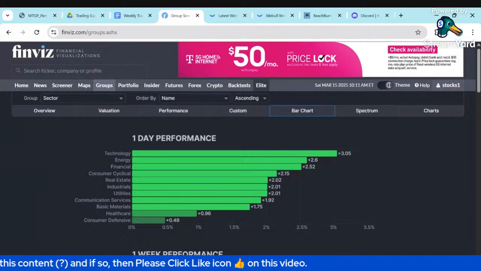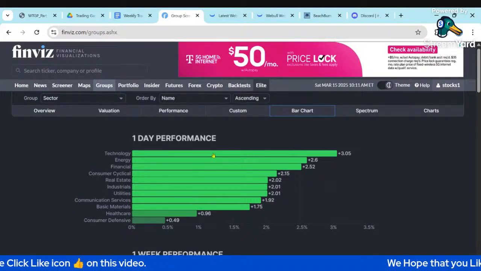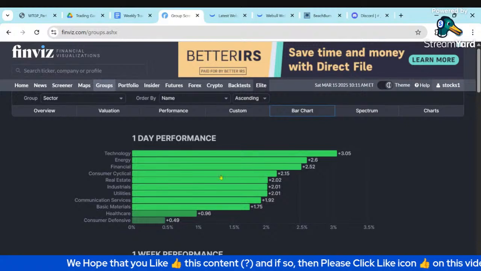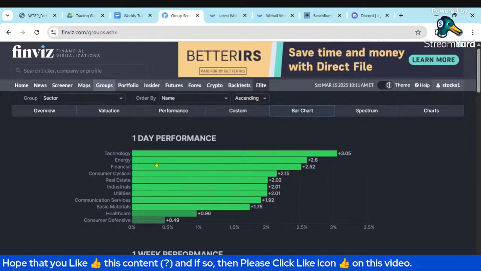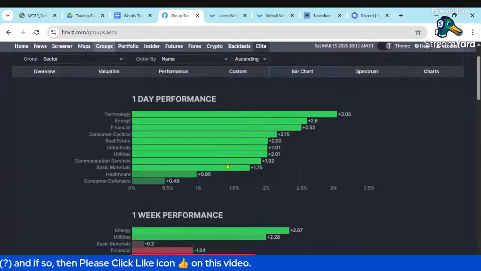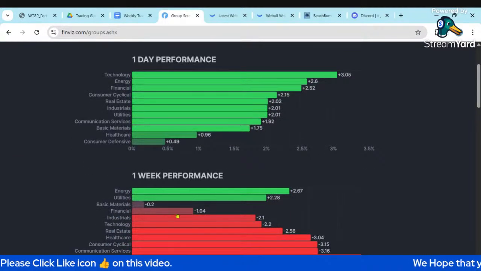So Friday, if we look at the groups, sectors, the industries, etc., we had a strong rebound, more risk on Friday. Technology rebounded the strongest, consumer cyclicals, real estate, energy rebounded, financials as well. But for the week, very defensive.